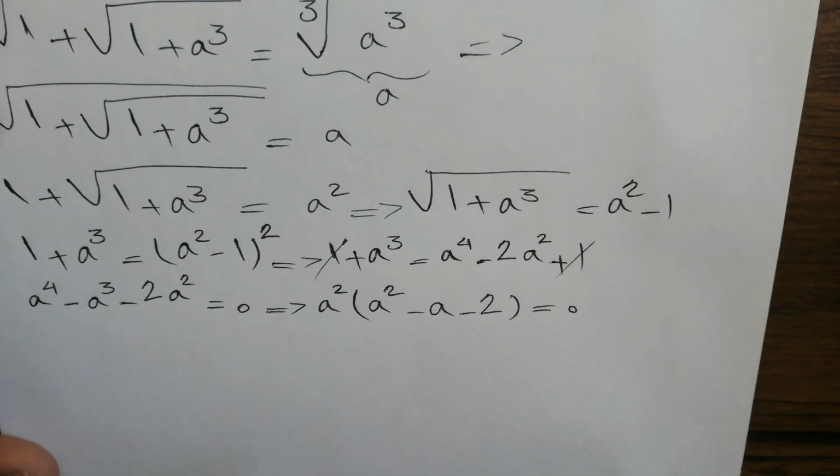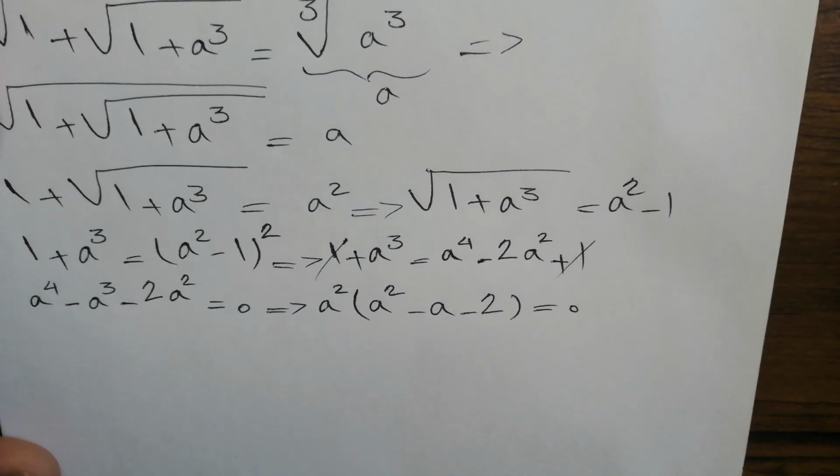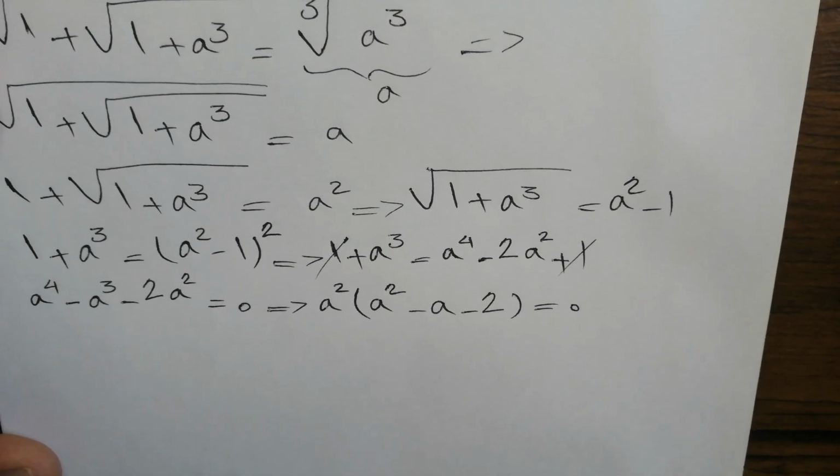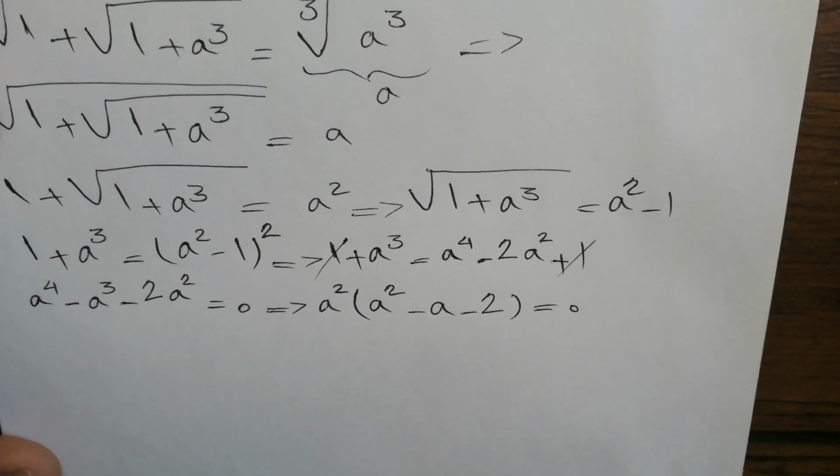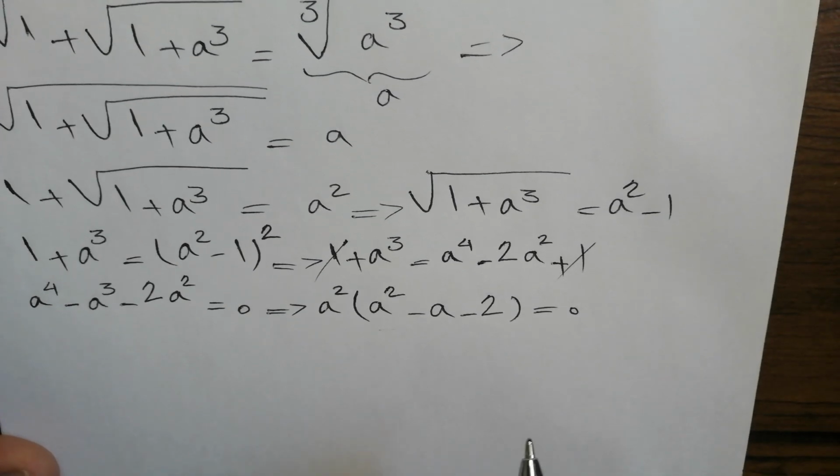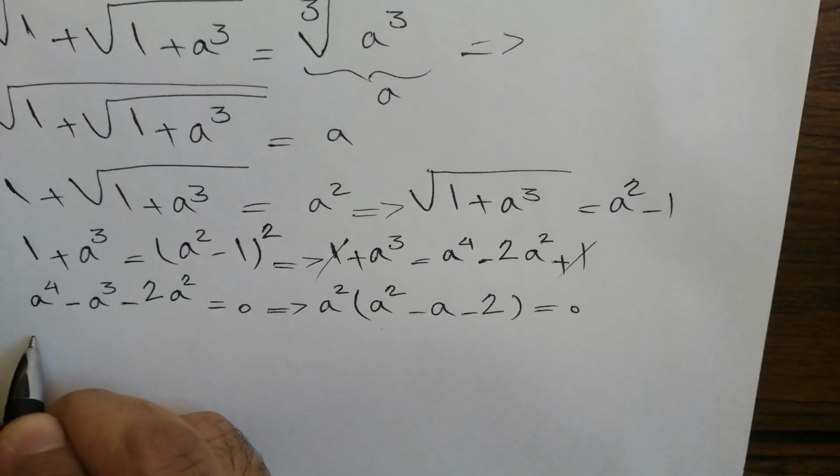Now another step. Can you tell me how we can simplify that even further? This a squared is okay, no problem with that. But this polynomial inside the bracket, how can we simplify that? There is an identity in mathematics.